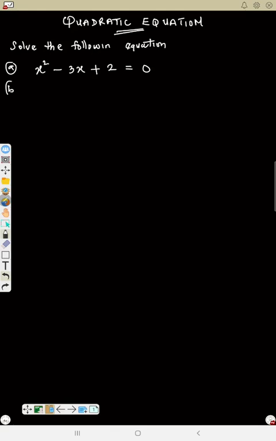B, 2s squared minus 5s plus 2 equals 0. So let's see these two solutions.